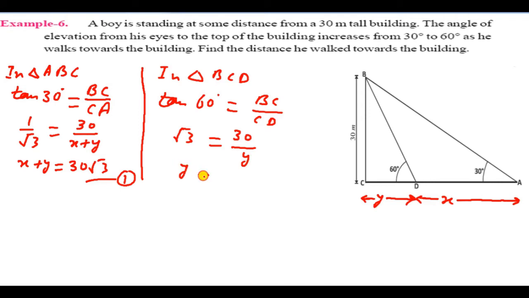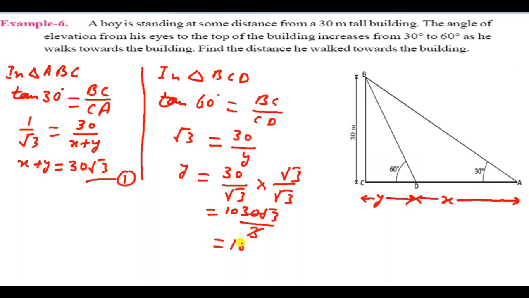So we can calculate this: 30 upon root 3. Now multiply by root 3. So we get 30 root 3 divided by 3. 3 tens are 30. So it will be 10 root 3 meter. It is about y. Now put the value of y in equation first.